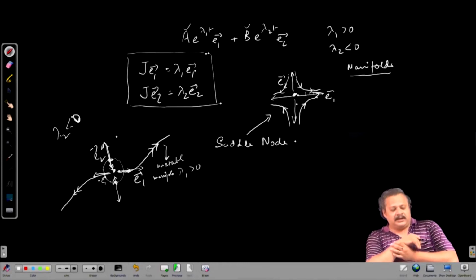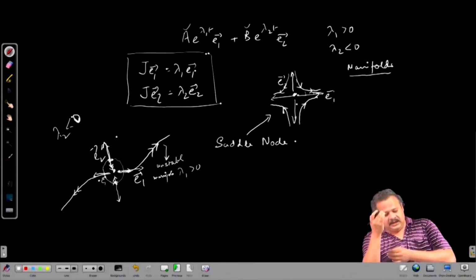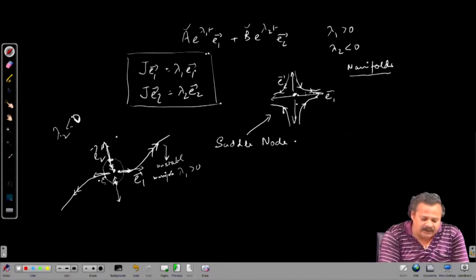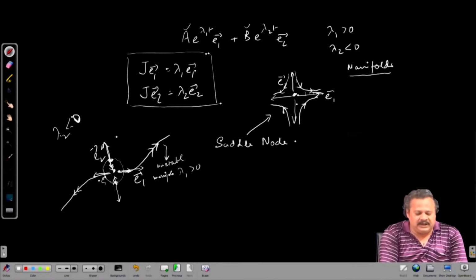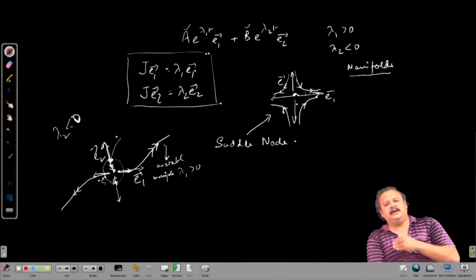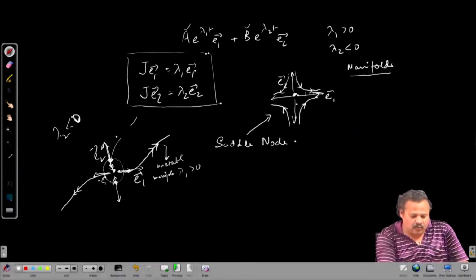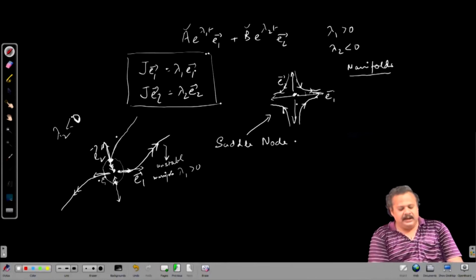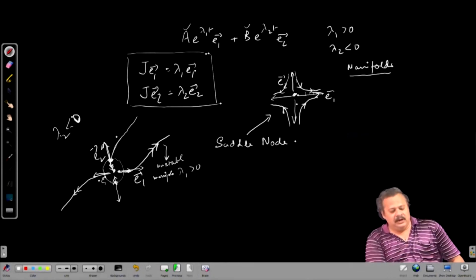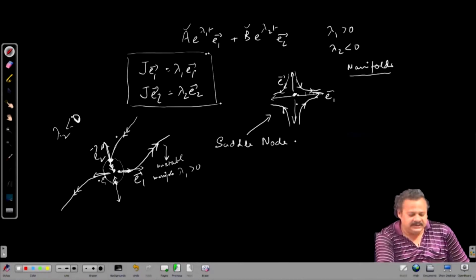So, this brings the point that wherever this trajectory is pulling the system into the saddle node, there is only one such line, and so there must be a trajectory outside that ends up at that point, which will direct into the saddle node along the stable manifold. So, this trajectory along which the solution is ending up along E2 into the saddle node is what we call the stable manifold.